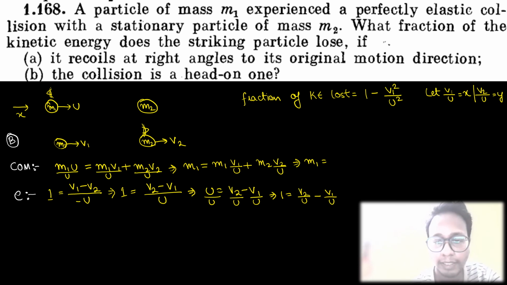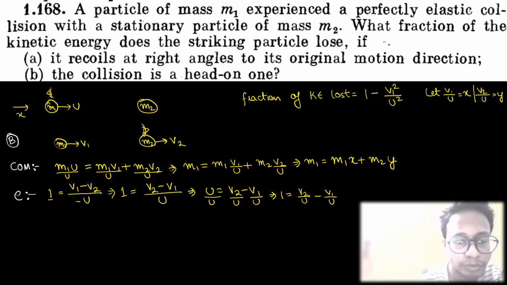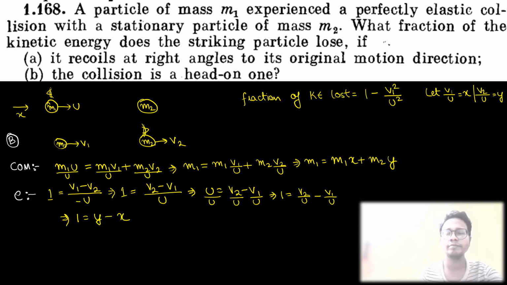Okay, so out here m1 into v1 by u is x plus m2 into v2 by u is y. Out here 1 is equals to v2 by u minus v1 by u, which is y minus x. So simple enough.